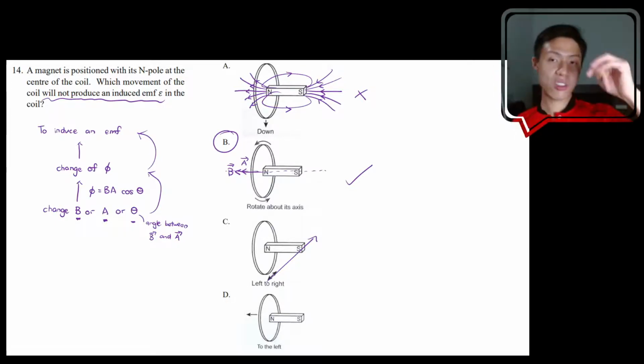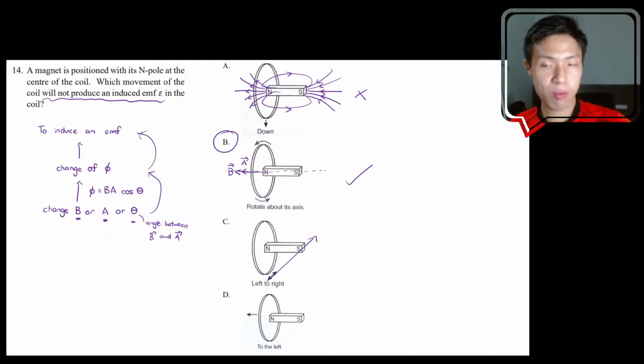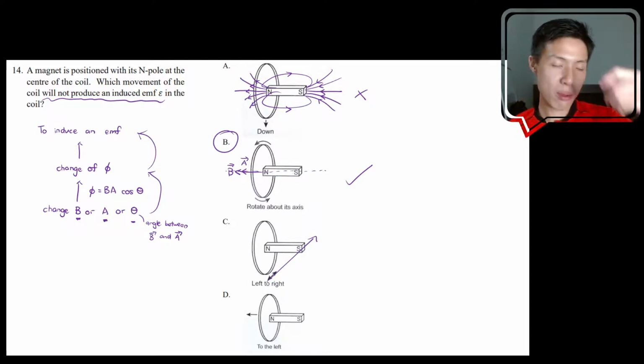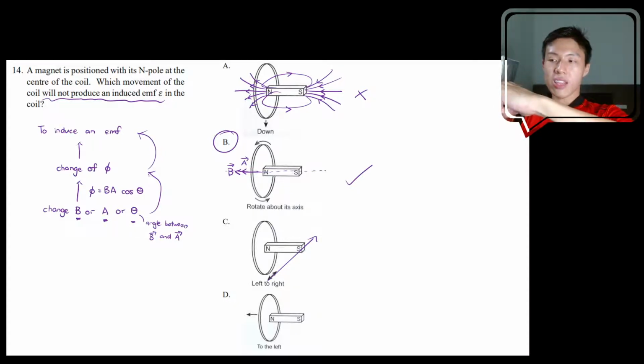So in that case, the area that is experiencing the magnetic flux, experiencing the magnetic field will change. If it gets near to the end, then only this region here experiences the magnetic field, but this region here is probably not experiencing the magnetic field. So there is a change to the magnetic flux.